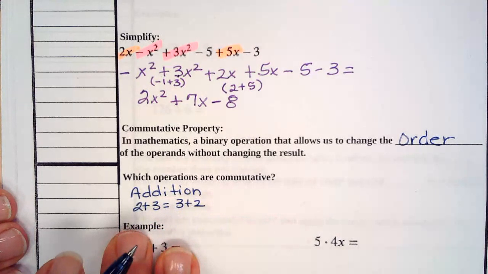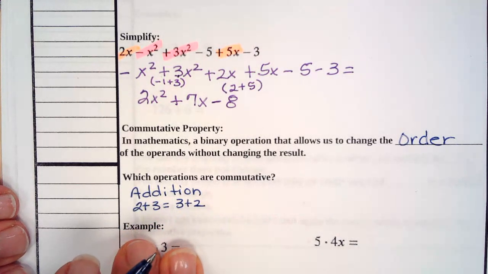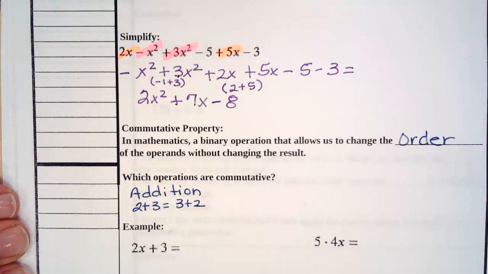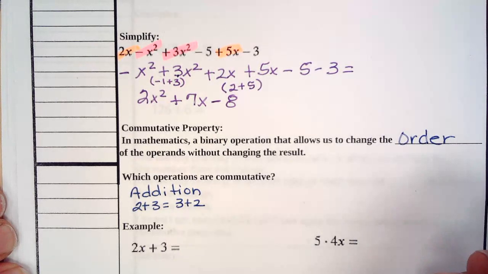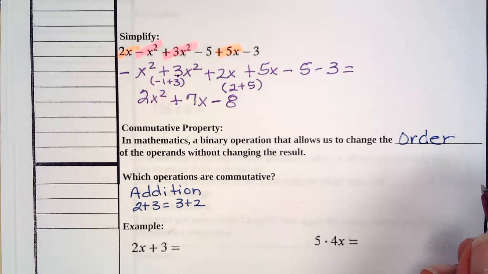It doesn't matter which one comes first, you'll still have the answer of 5. What about subtraction? Is 5 minus 3 the same as 3 minus 5? No. One will be a positive number and one will be negative.